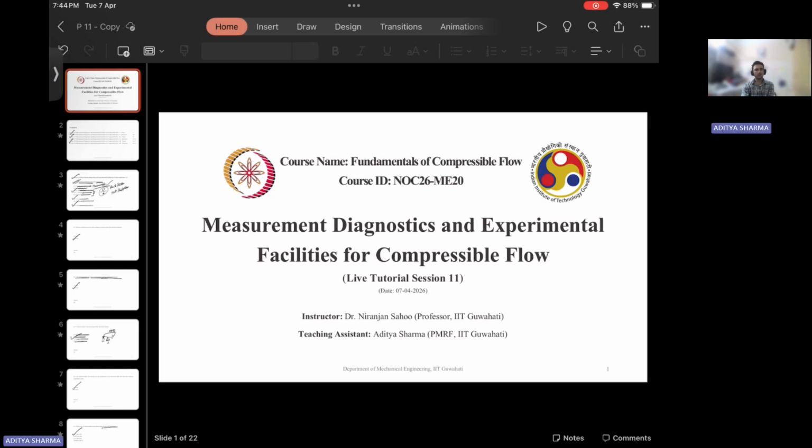Then in temperature, we saw the Seebeck principle and thermocouples based on this principle. Then in lecture number 27, there are density-based techniques to study compressible flows: the interferometer, the Schlieren technique, and the shadowgraph technique.